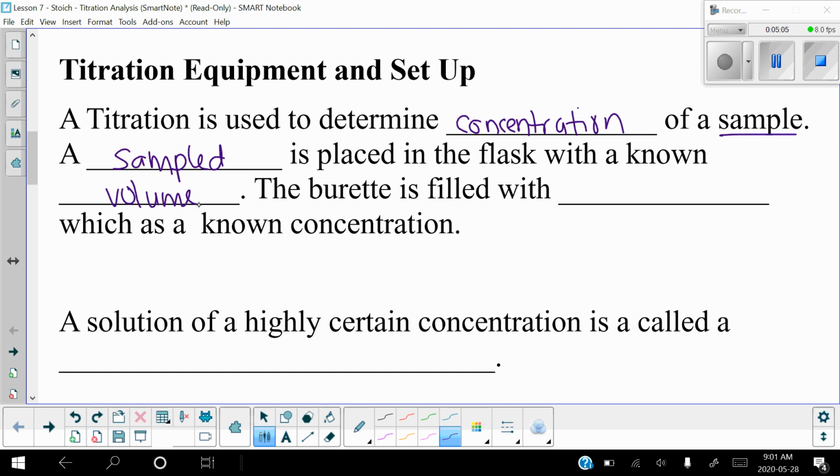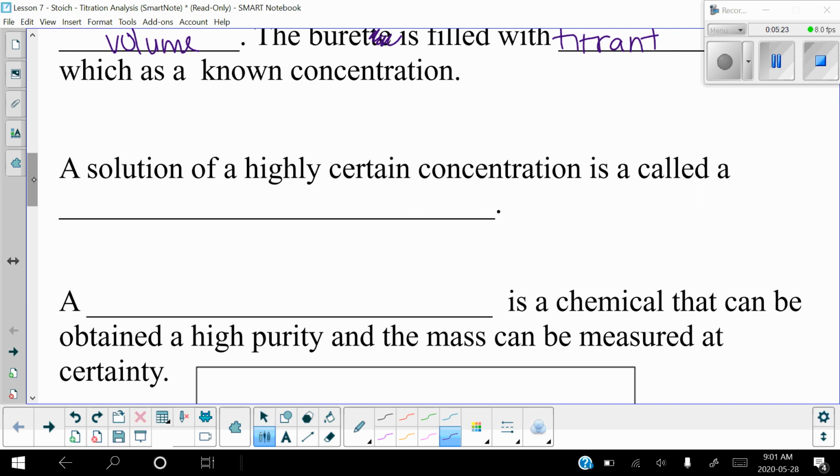The burette, that is not how you spell burette, that's how you spell burette, is filled with titrant, which has a known concentration. A solution of highly certain concentration is called a standardized solution.